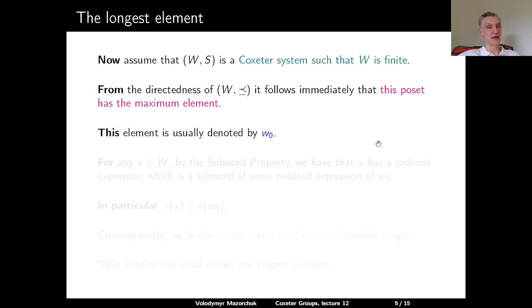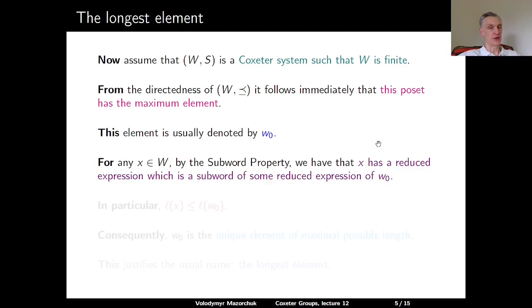So this maximum element with respect to the Bruhat order is usually denoted by w0. And for any element x in W, by the subword property, we have that x has a reduced expression which is a subword of some reduced expression of w0.